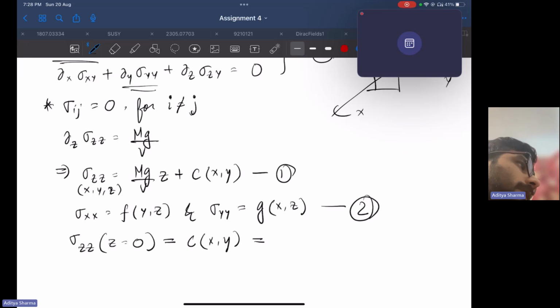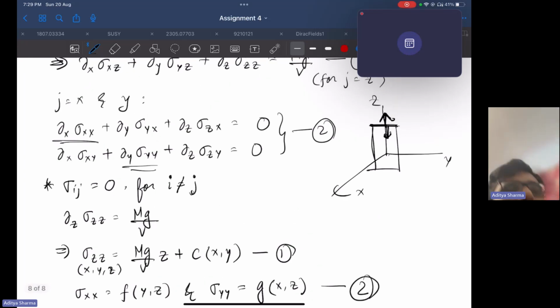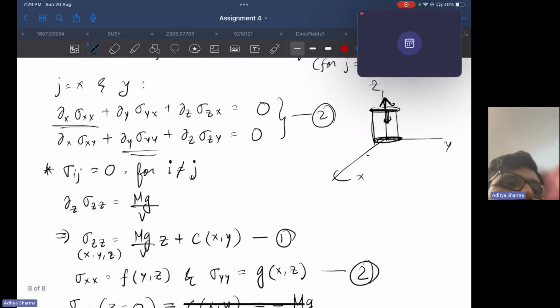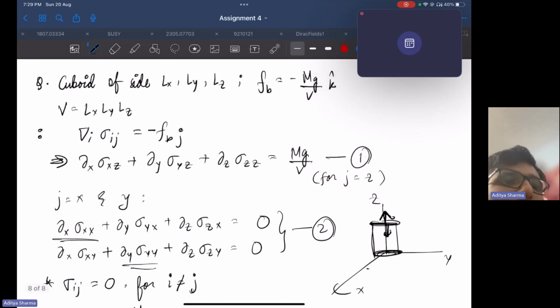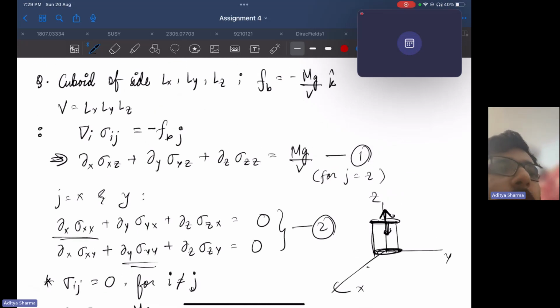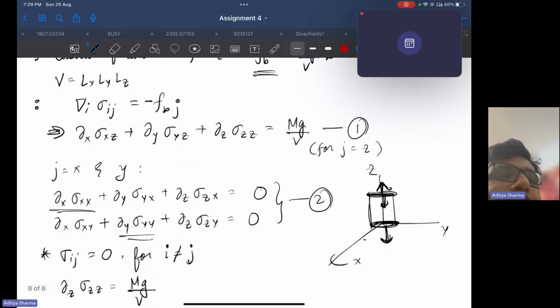And suppose this is mg by Lx. Say the material is only till here, say it's a cylinder and it is only till z equal to 0. And the body force is the force which is being applied everywhere. It is even applied on the top face, even on the bottom face.